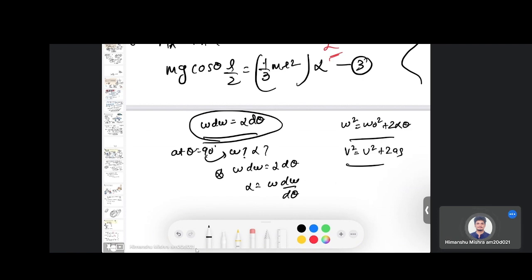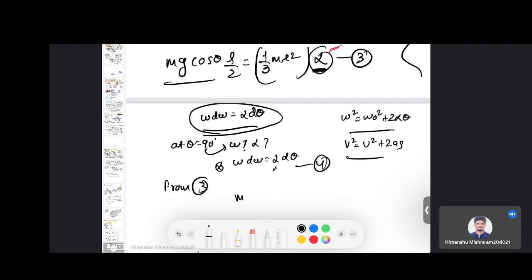Or I can write it as, so I can actually use this equation, which is, let's say, my equation 4, and I can use here alpha. I can use equation 3 to find the alpha in terms of mg cos theta and put it here. So from 3, mg cos theta L by 2 equals 1 by 3 mL square alpha.